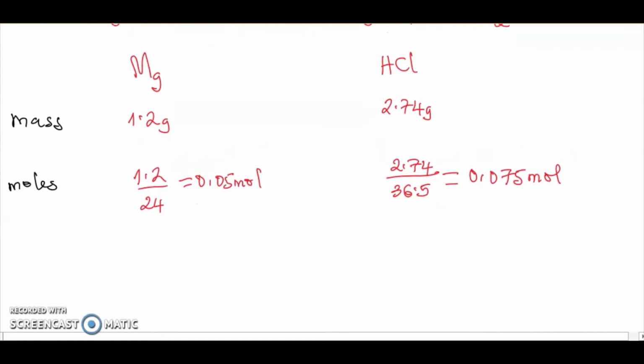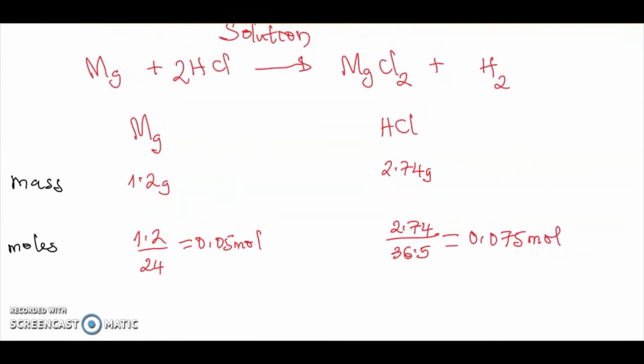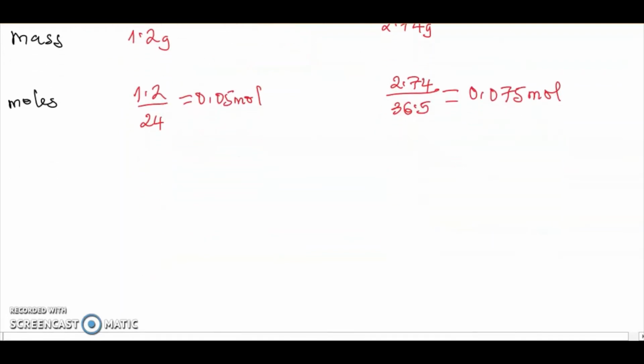Now that we have the moles of magnesium and the moles of hydrochloric acid, let's go ahead and calculate the mole per coefficient ratio. When we look at this equation, we can clearly see that the coefficient of magnesium is 1, and the coefficient of hydrochloric acid is 2. So let's calculate the mole per coefficient ratio.